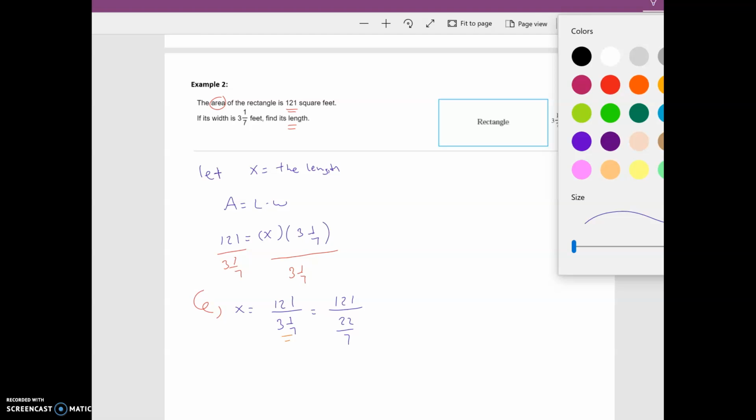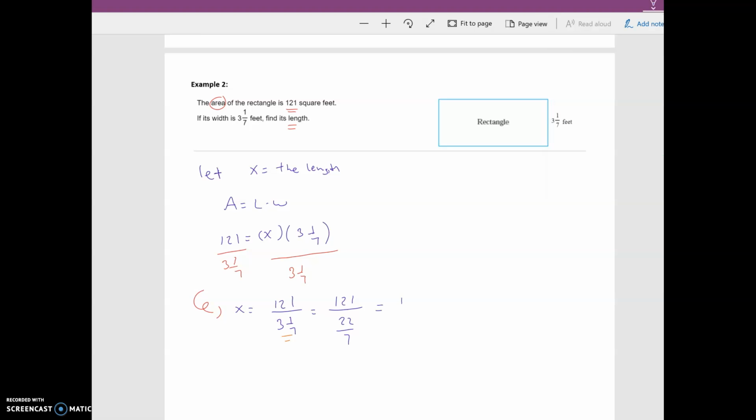And then from here, you can basically rewrite it as 121 divided by 1, and this is technically being divided by 22/7. So this will be 121 divided by 1 times 7 over 22.